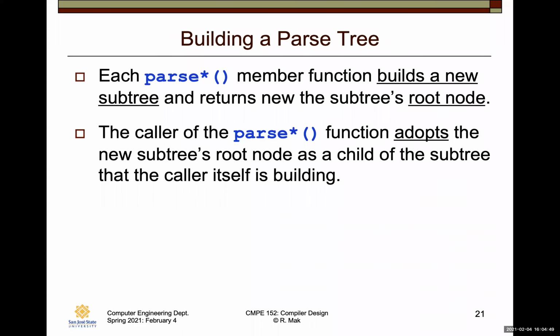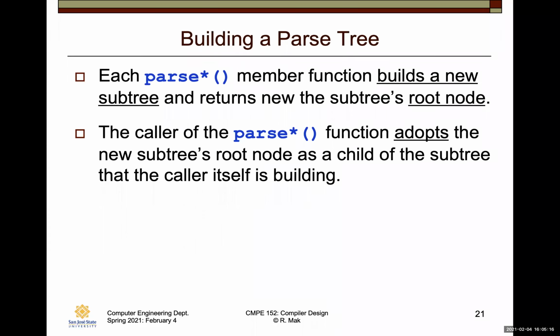Each one will build a subtree and return the root of that subtree. So each of the parse functions will build a little part of the parse tree, return the root of the subtree that it built, and then these subtrees are assembled into the entire parse tree.